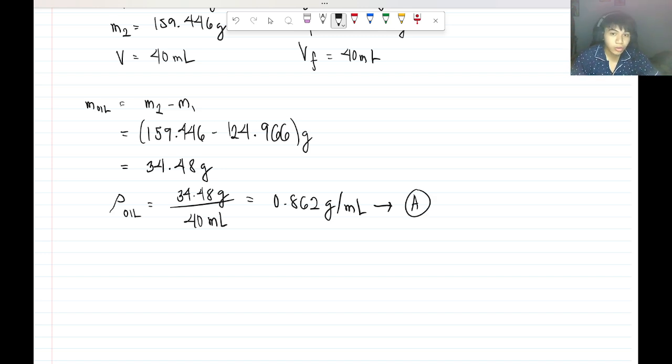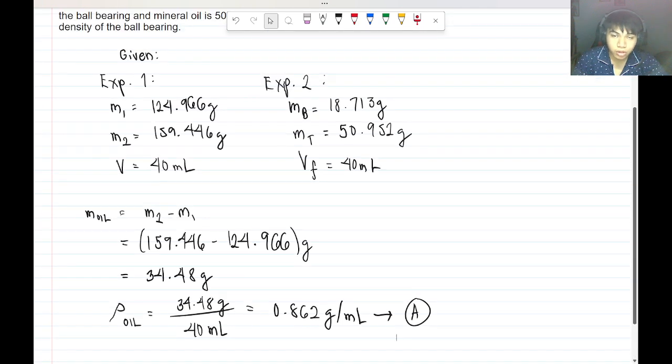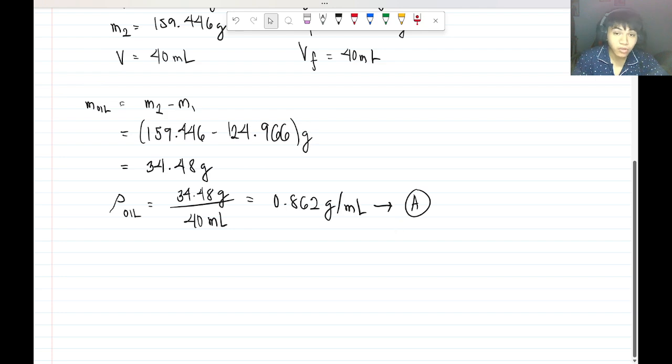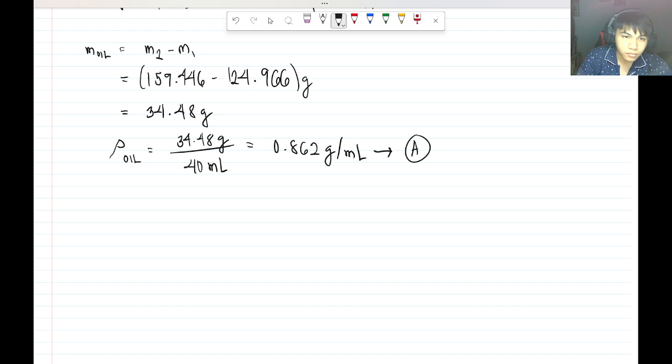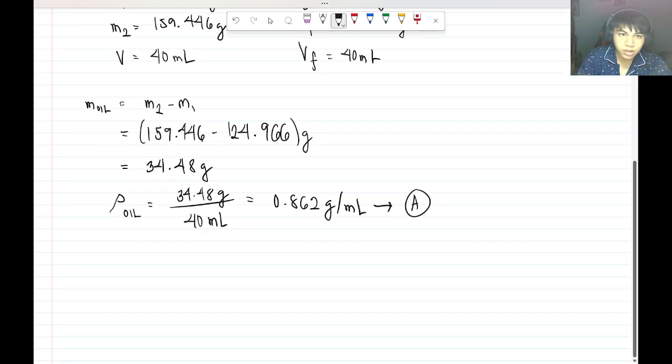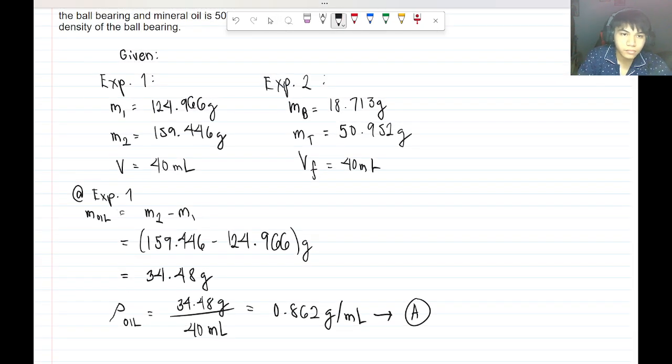Now that we have the density of the mineral oil, we can move on to experiment 2, where the metal ball bearing is involved. So this is not experiment 1. Actually, I forgot to write the solution. And let's just put the asked here.